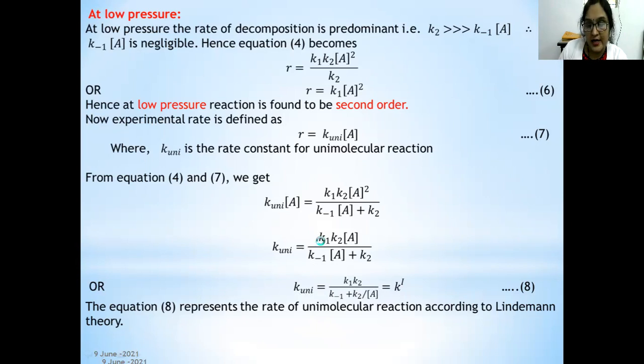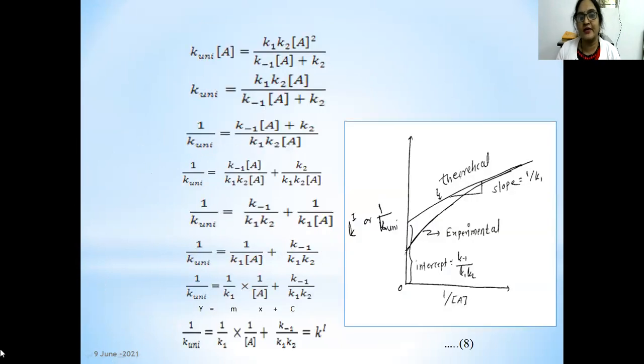Now again I will simplify this equation. Already we know k uni concentration of A is equal to k1 k2 A square divided by k minus 1 concentration of A plus k2. I divide the equation by concentration of A, then I get this equation.